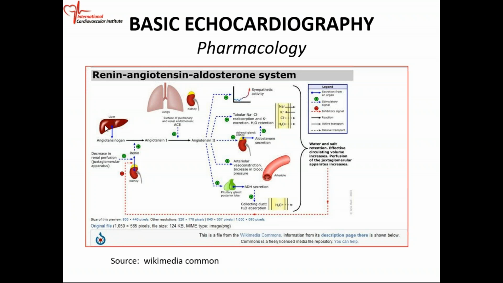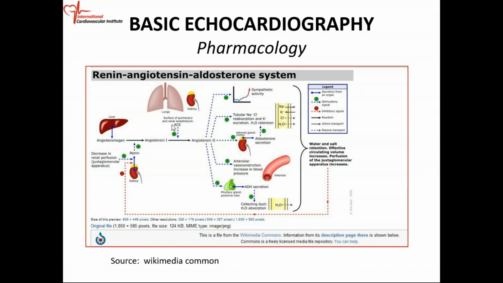Again, your angiotensinogen, which is produced in the liver, is converted to angiotensin 1 by this enzyme, renin, which is produced in the kidney. Your angiotensin 1 is now converted to angiotensin 2 by ACE, angiotensin converting enzyme. Angiotensin 2 does all the bad stuff. So if we can inhibit this enzyme, we can reduce the production of angiotensin 2.